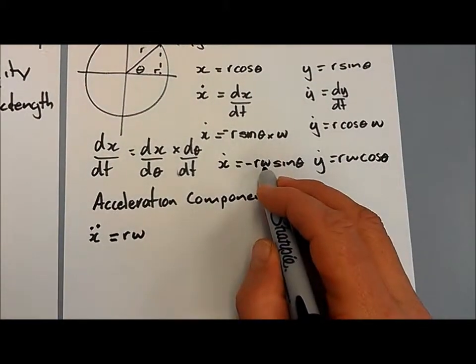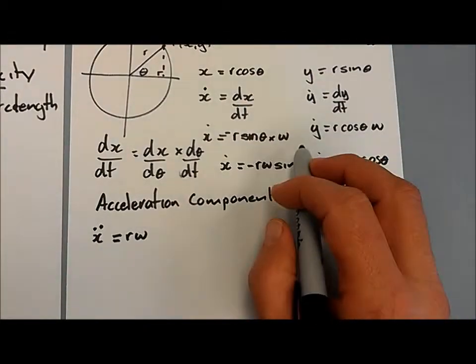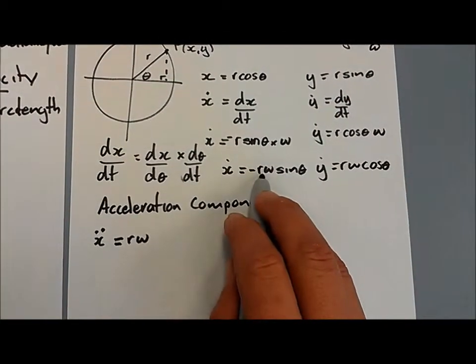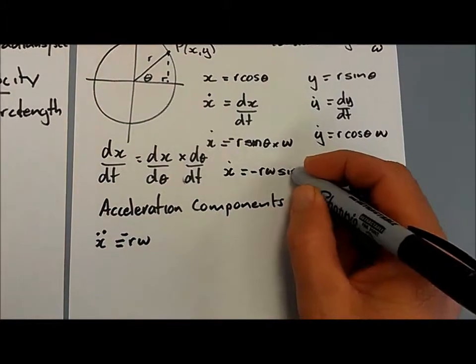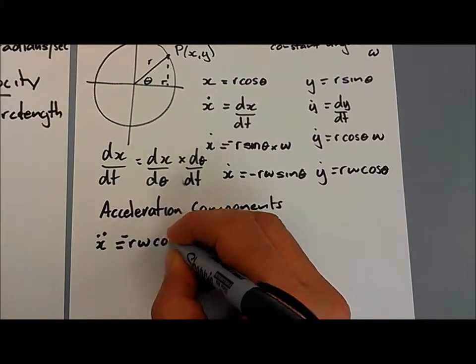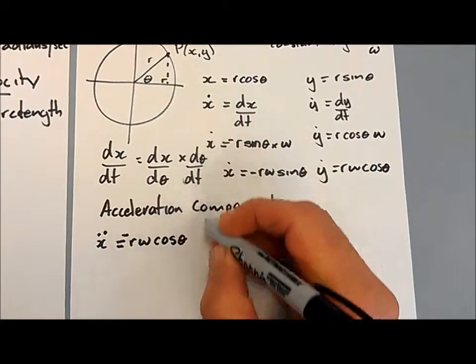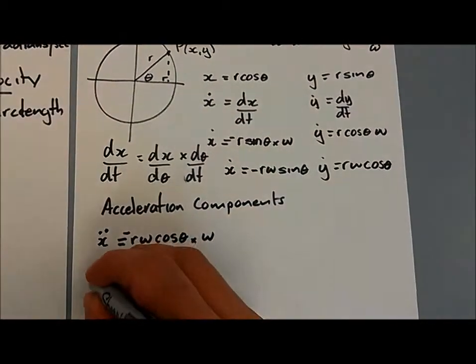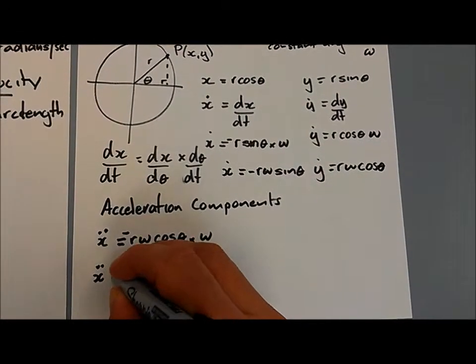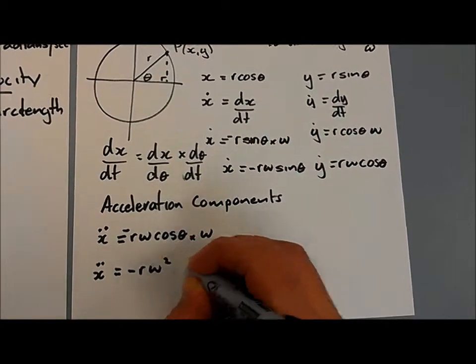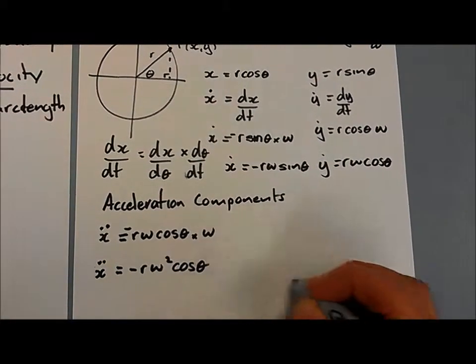And omega, remember, is a constant. We've got uniform circular motion, so it's a constant angular velocity. So negative r omega, and derivative of sine is cos theta times d theta/dt times omega. So in other words, bringing those two omegas to the front, negative r omega squared cos theta.